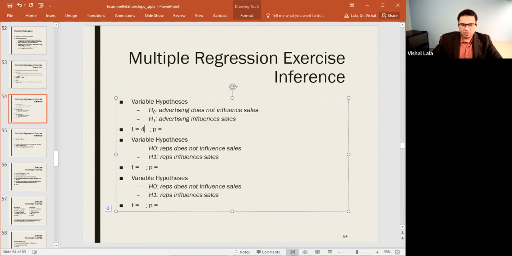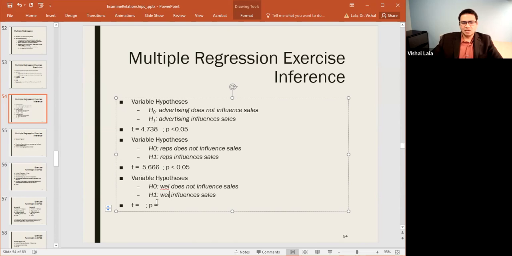For advertising, the t was 4.8, and the p-value is less than 0.05. Similarly here, we had 5.666. Everything's been significant for us so far, so it's good to have one that's not.